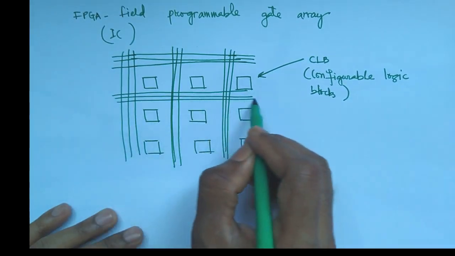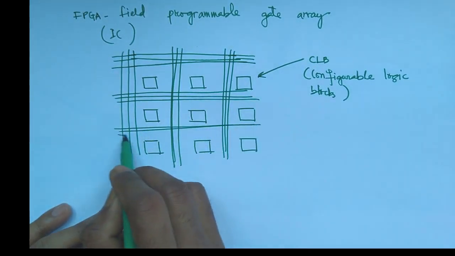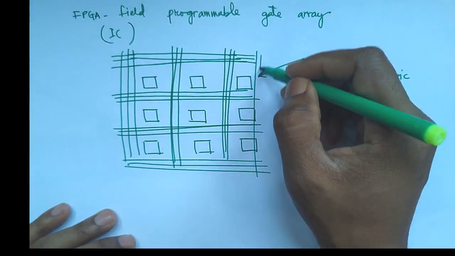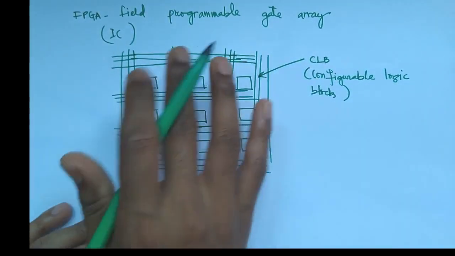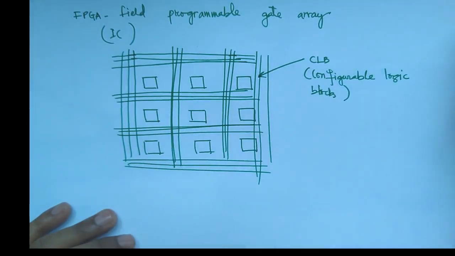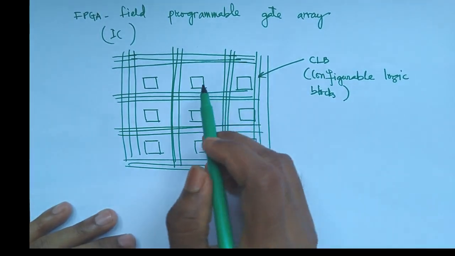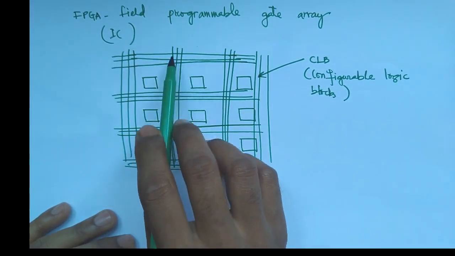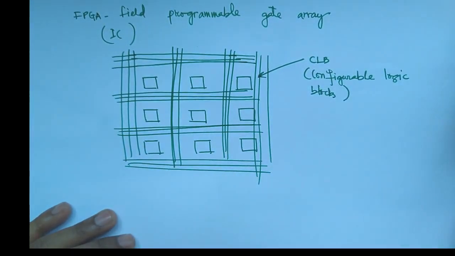It will look something like this. All these CLBs are going to be connected by using these buses. Now we can connect these CLBs through the use of buses for various purposes.